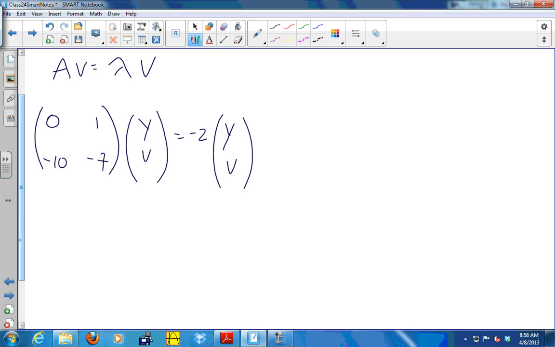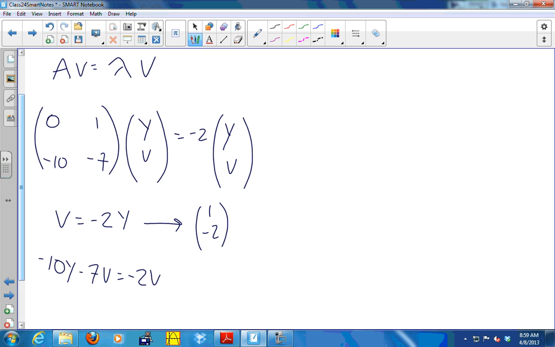So this says that v has to equal -2y, and my other equation, -10y minus 7v equals -2v, is equivalent to the first. So this is my straight line solution. That's the equation that I would graph in the phase plane to get my straight line solution. A vector on that line might be 1, -2.